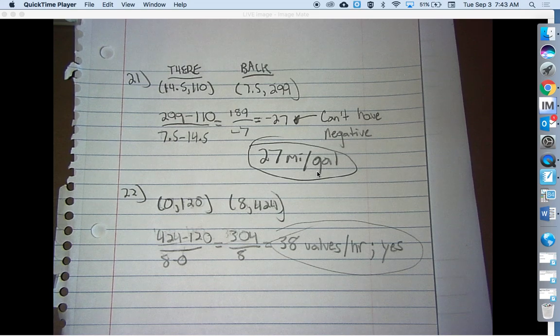And when he ended his shift 8 hours later, 424 steel valves were produced. And I did the formula for slope, and I got 424 minus 120, and 8 minus 0, which is 38 valves per hour, and I said yes, the supervisor would be satisfied.